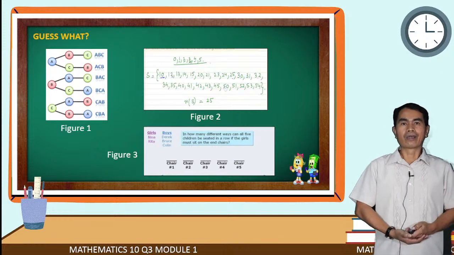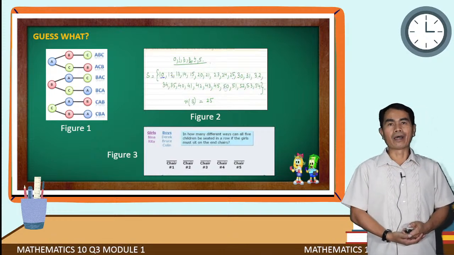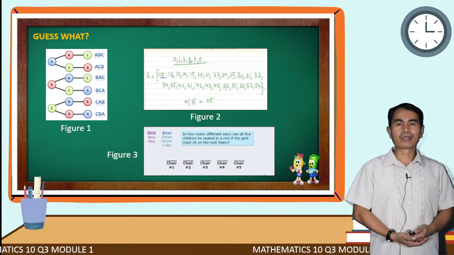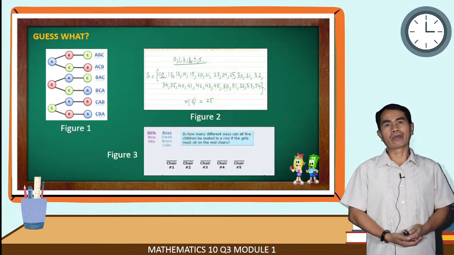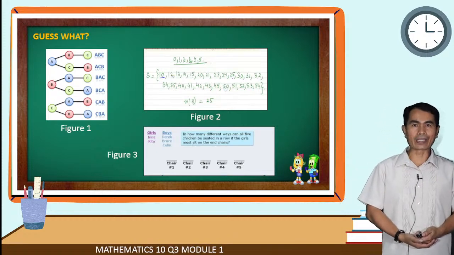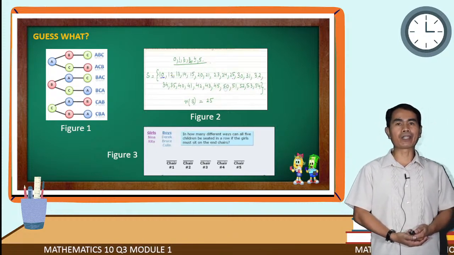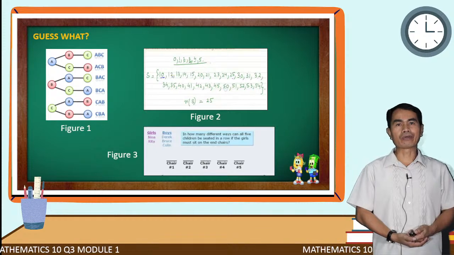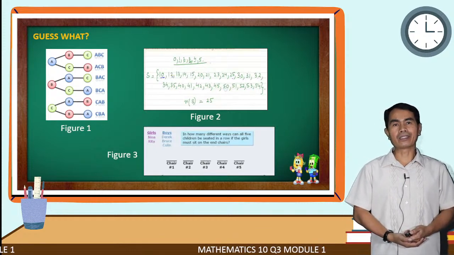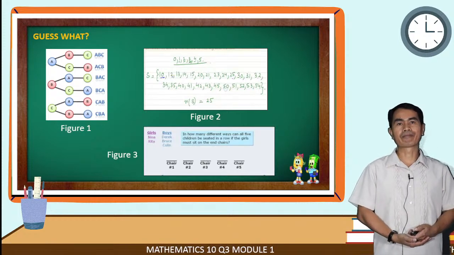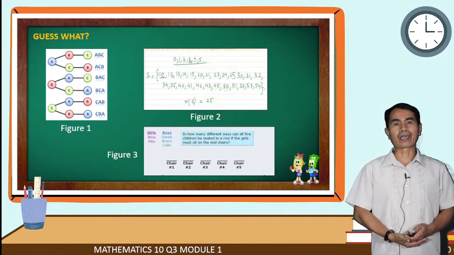So, for your next activity, for you to have a better understanding of our lesson, the title is Guess What? I want you to study the following 3 figures on the slide and answer the succeeding questions. Okay, are you ready?